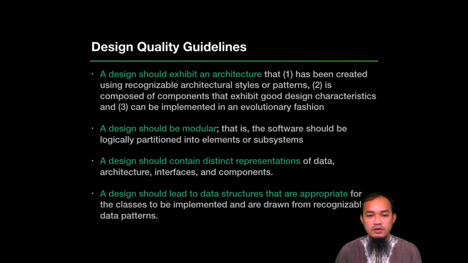This is what we call distinct representation. The design should lead to data structure that is appropriate for a class to be implemented and drawn from recognizable data patterns. The data structure represents some kind of data and data type. What kind of data will be represented in terms of design is also something we have to consider.